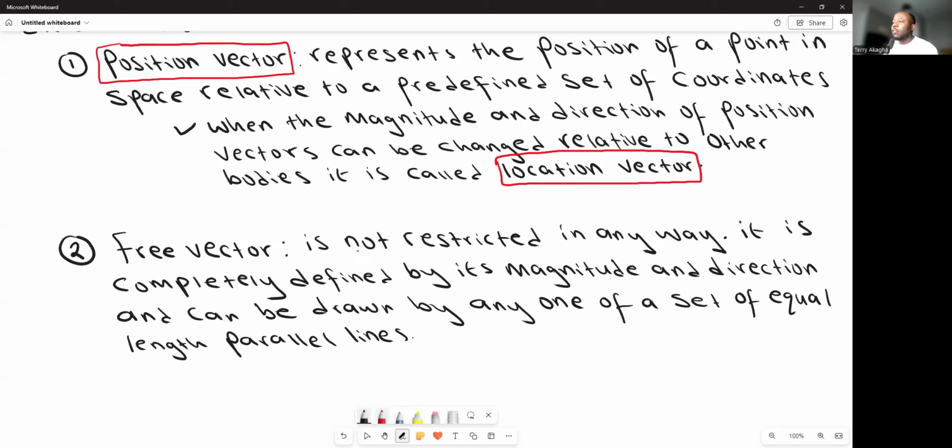Okay, so that's a free vector. All right, so basically from the word free, it is not restricted in any way. Those are the two broad types of vectors, usually divided into either a position vector or a free vector.